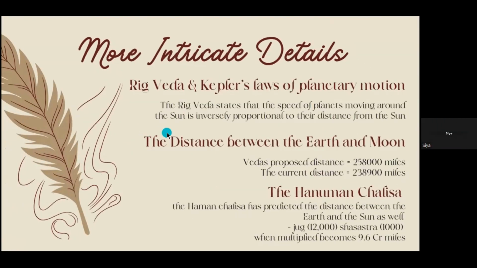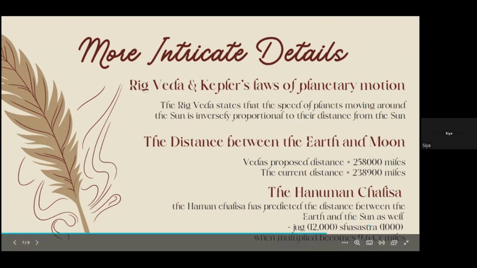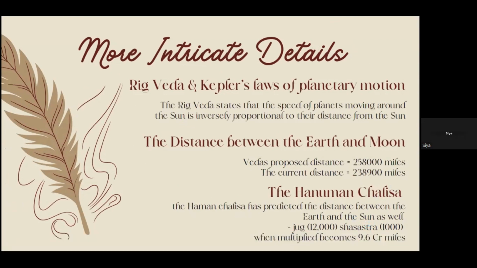Then there's the Hanuman Chalisa. You might have heard this before that the Hanuman Chalisa has predicted the distance between the Earth and Sun. The term is basically Jojan.